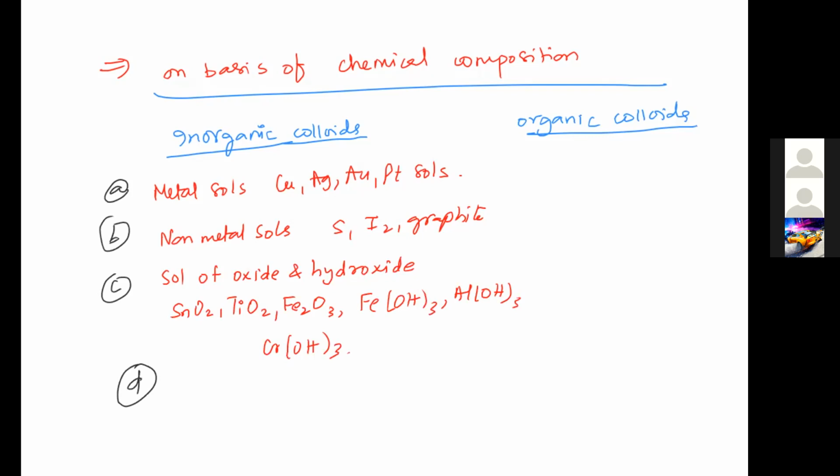Salt solutions, that is silver bromide, silver iodide, As2S3, etc.